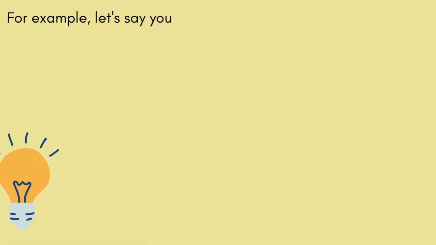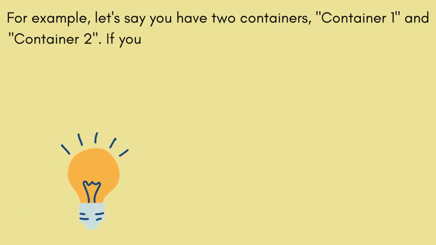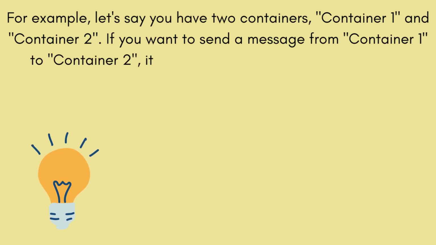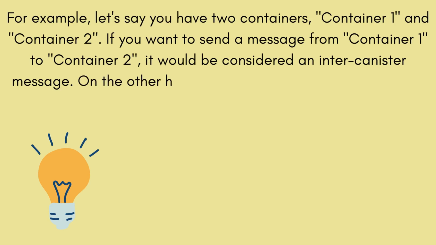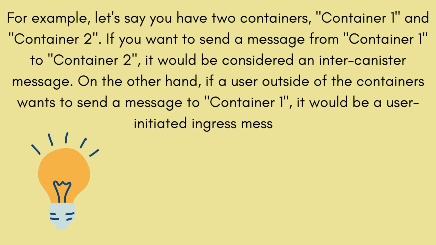For example, let's say you have two canisters, canister 1 and canister 2. If you want to send a message from canister 1 to canister 2, it would be considered an inter-canister message. On the other hand, if a user outside of the canisters wants to send a message to canister 1, it would be a user-initiated ingress message.